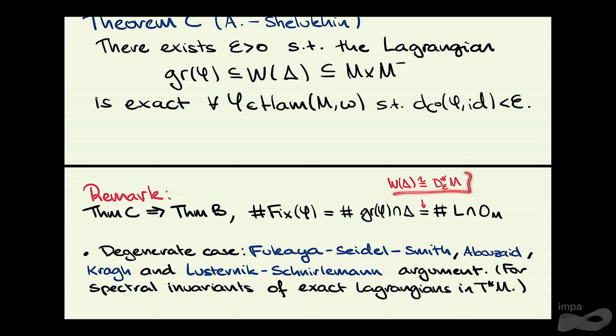And by the identification of the Weinstein neighborhood of the diagonal with the codisk bundle, that's just the number of intersection points of an exact Lagrangian and the 0 section. Then you can use some Lusternik-Schnirelmann type argument for spectral invariants of exact Lagrangians, and you obtain the cup length estimate for the C0 small Hamiltonian diffeomorphisms.